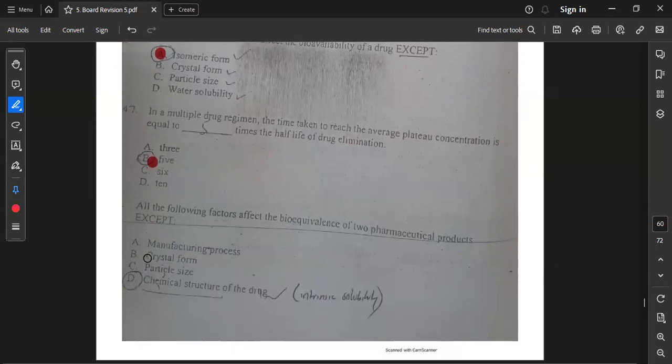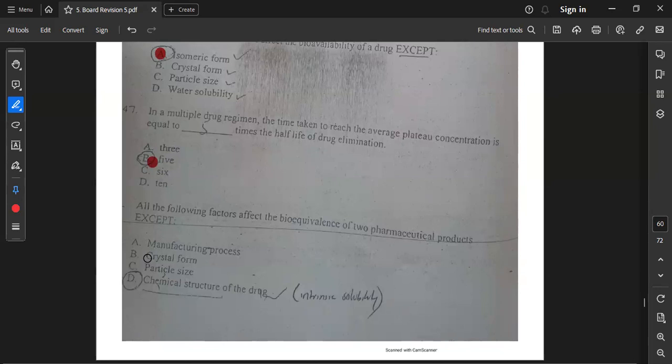Okay. So all the following factors affect the bioequivalence of two pharmaceutical products except the manufacturing process, crystal form, particle size, and chemical structure of the drug. Which one does not affect the bioequivalence? I think most of us are agreeing.